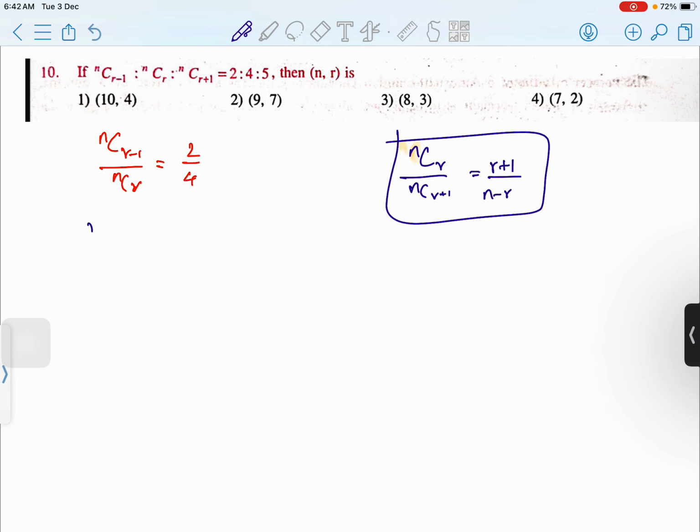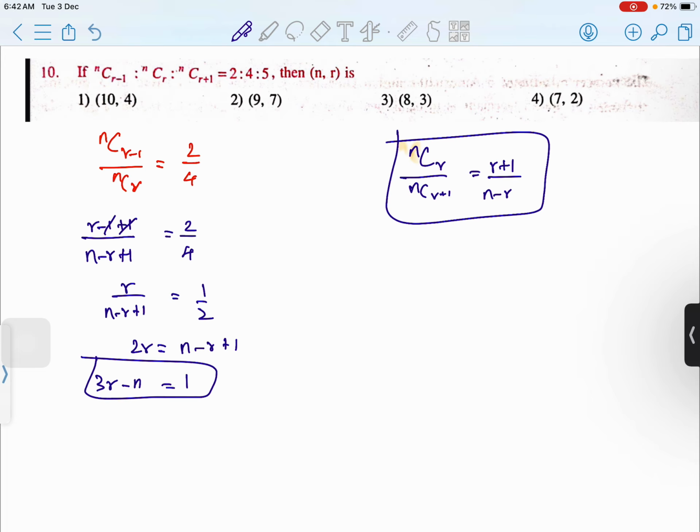So this one: r minus 1 plus 1 by n minus r plus 1 will be 2 by 4, so this and this cancel, so I will get r by n minus r plus 1 equals 1 by 2, 2r equals n minus r plus 1, so if you move to the other side, 3r minus n equals 1 is one of the equations.